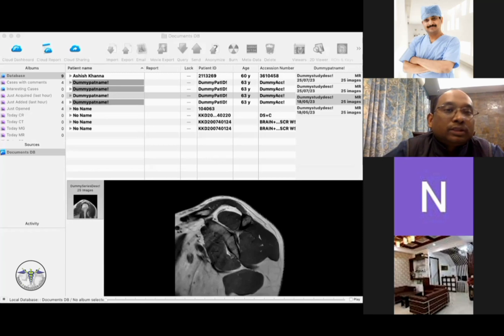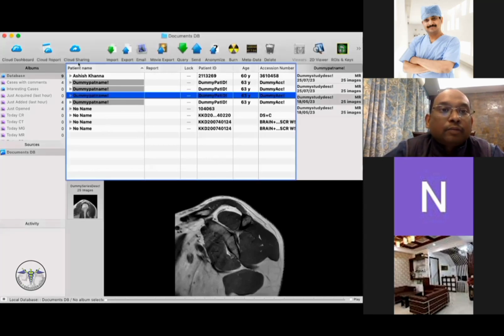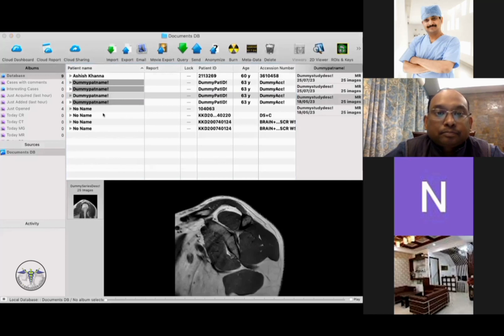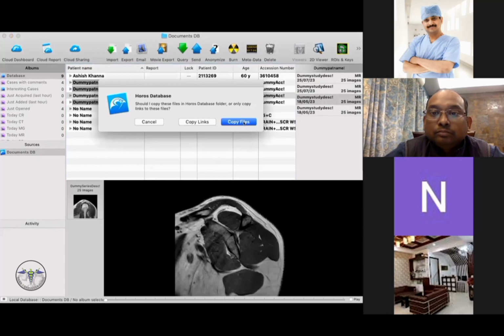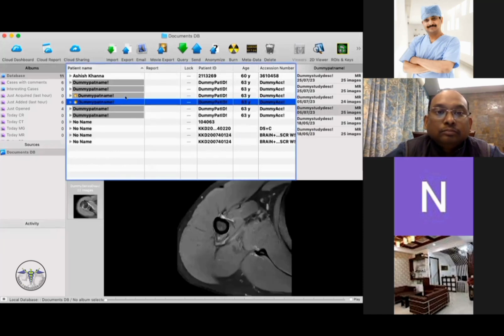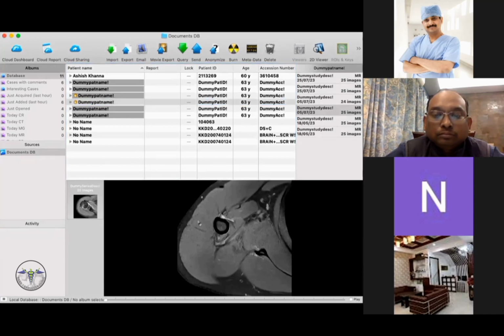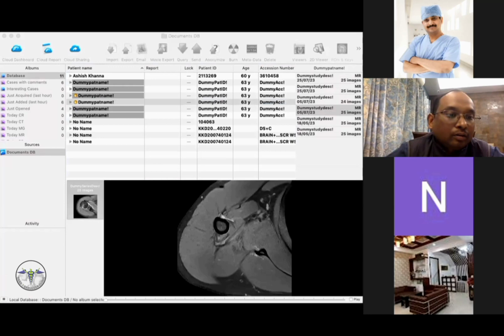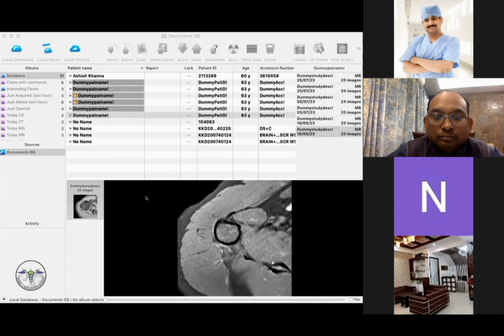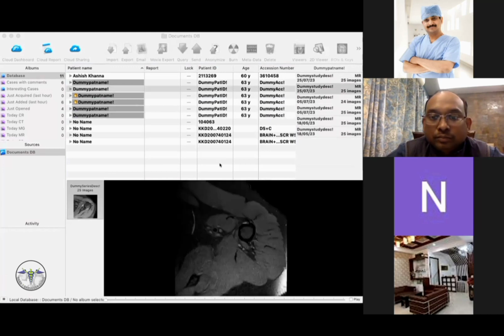Now let me show one more example where there will be a significant amount of bone loss. Sorry, this is the first one.